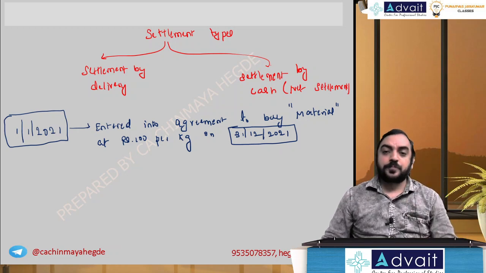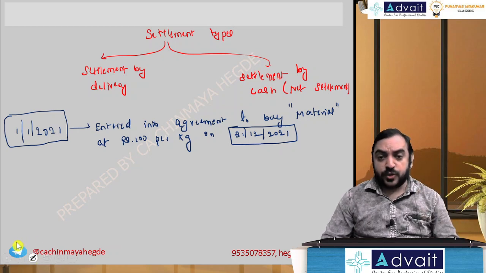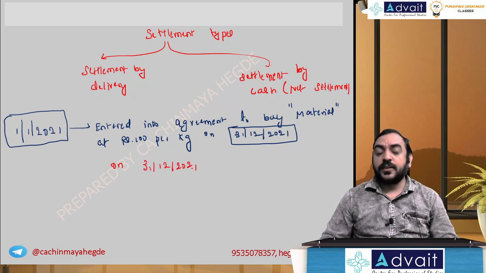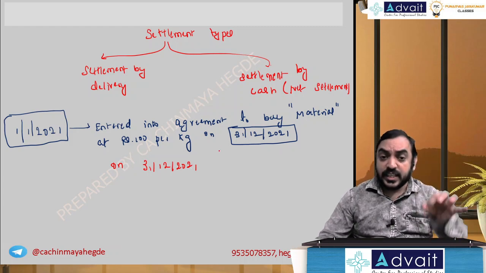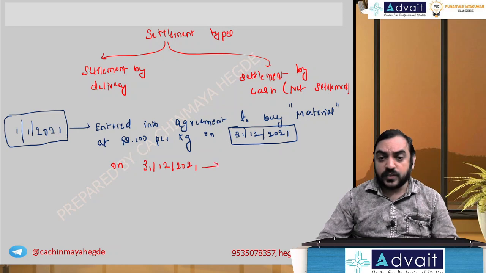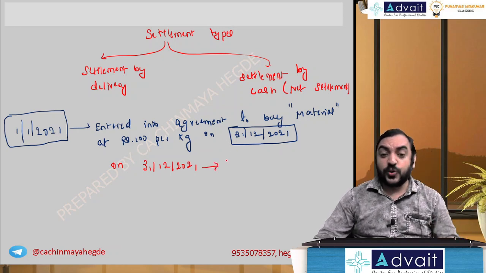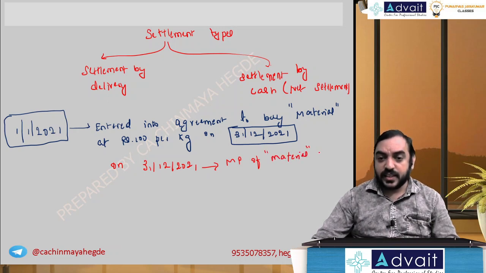Very clear. On 31st of December 2021, what is the market price? Let's say the market price of this material on this date of settlement, date of execution, is rupees 105.